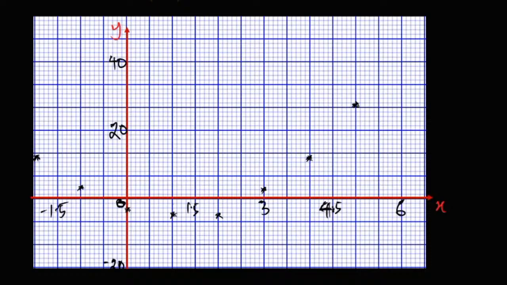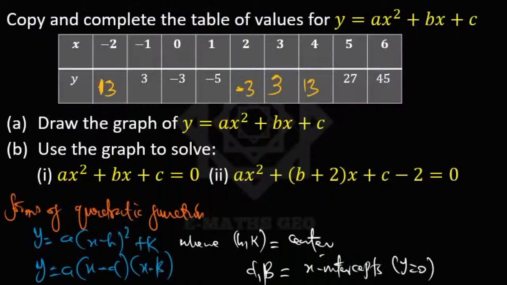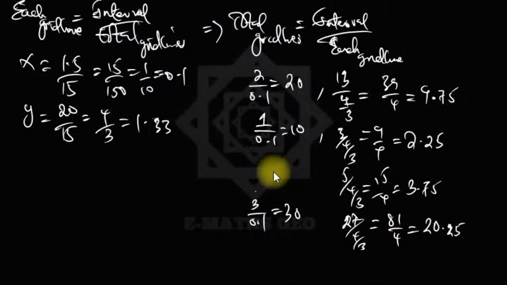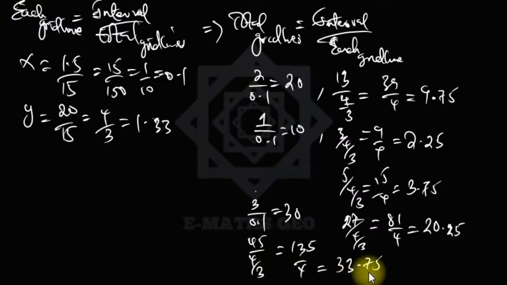So the next one is 45 and 6. So we can see 6. So let's check. 45 over how many? 4 over 3. So this is 135 over 4, and this is 3.75.